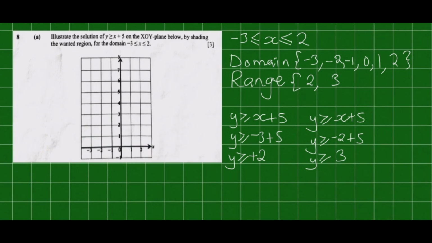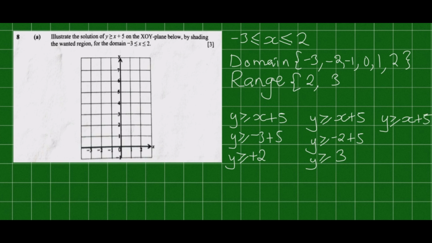Okay, we now find the value of y when x is equal to -1. So we're going to use the same function, which is y is greater than or equal to x plus 5.